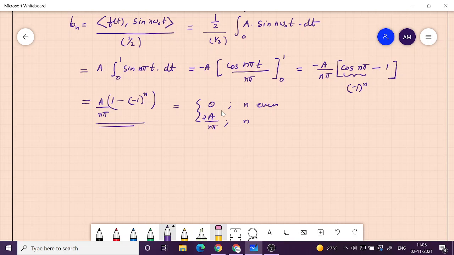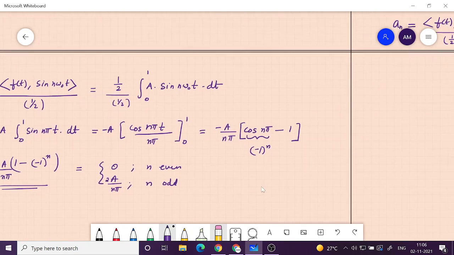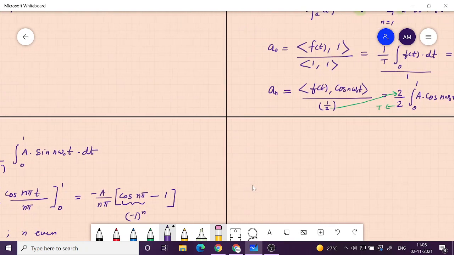So it will be 2A by n pi when n is odd. Clear? Agree? Yes, sir. So we got all the constants, and part 1 problem is solved.